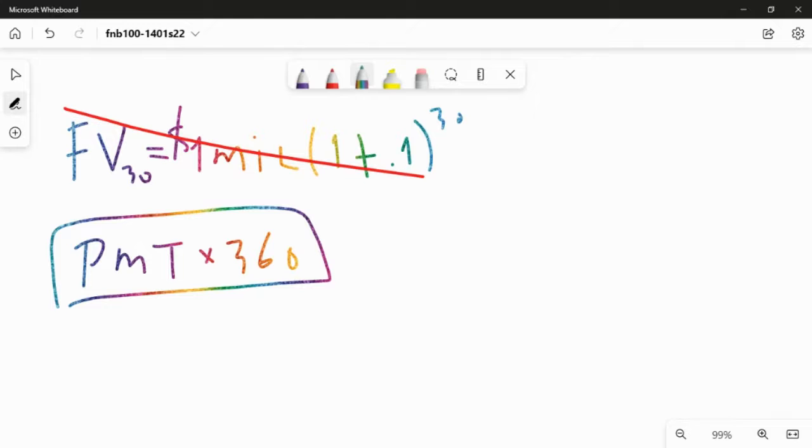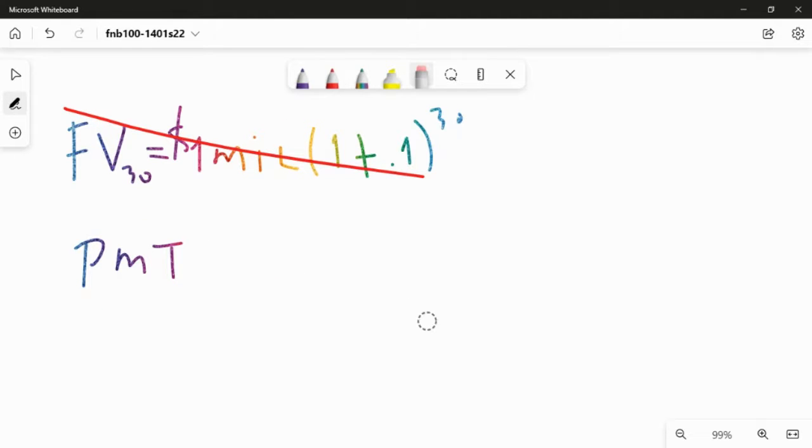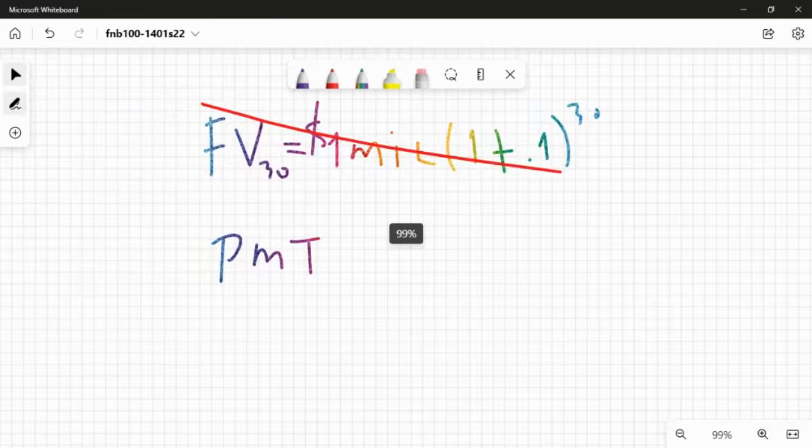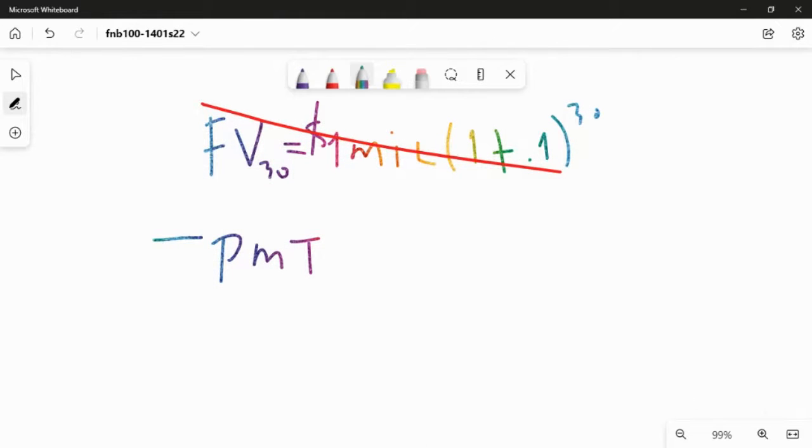So the reality is it's going to be the present value of annuities. There will be 360 of these payments, starting from 1, right?